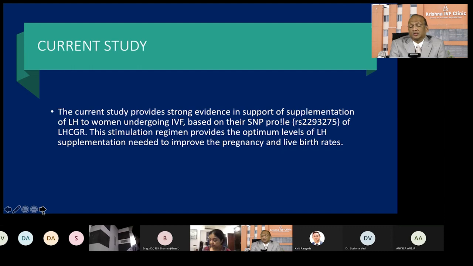So, this is just the beginning of pharmacogenomics, and after this we had an advisory board at the Merck headquarters, where they are working on a Delphi consensus about the role of FSH and LH polymorphism in current practice, and in the next 5 years we will have plenty of articles refining this thought process.